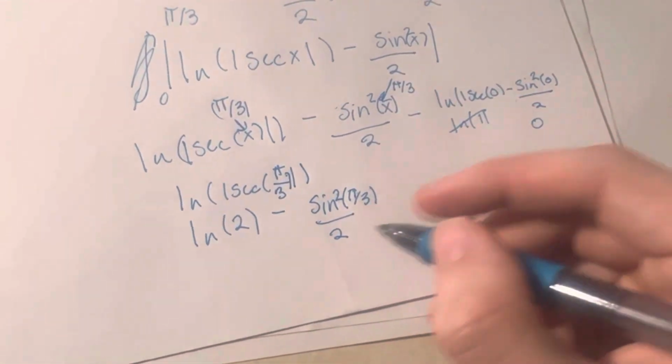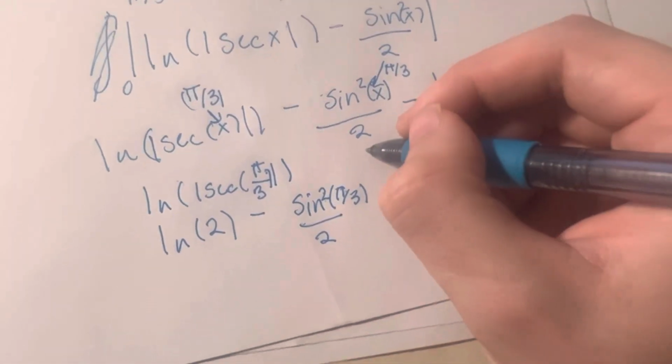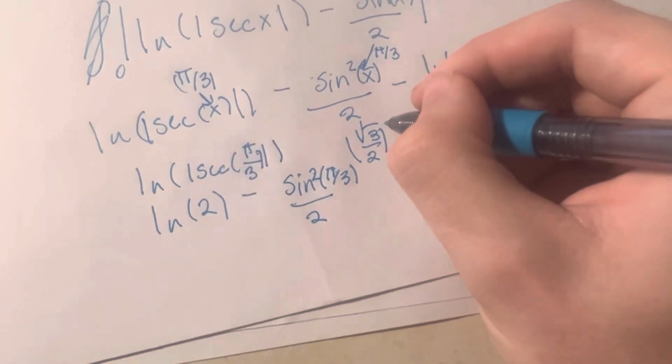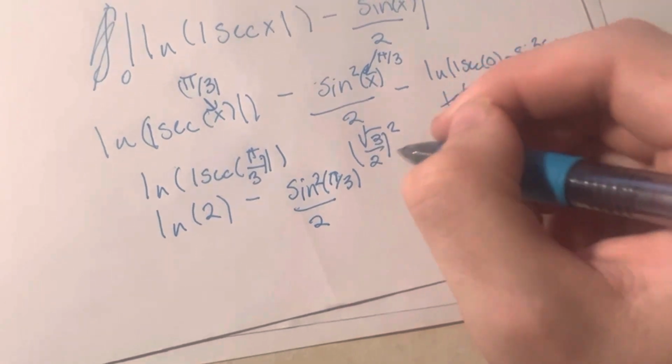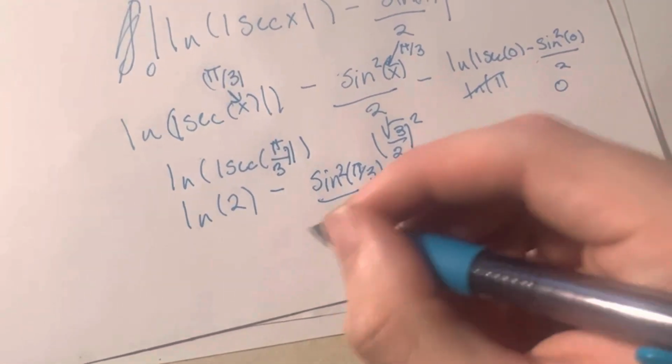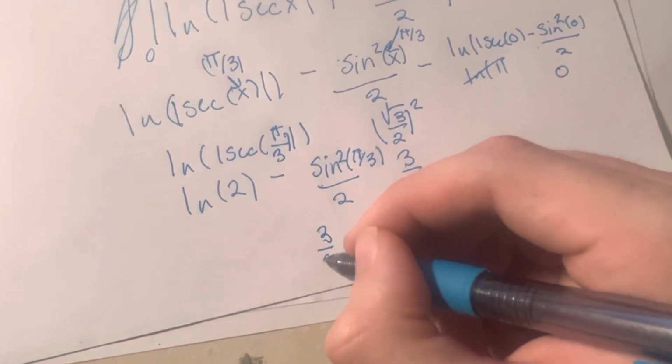Checking my notes here, sine of pi over 3 is square root of 3 over 2, squared is 3 over 4, divided by 2, which comes out to 3 over 8.